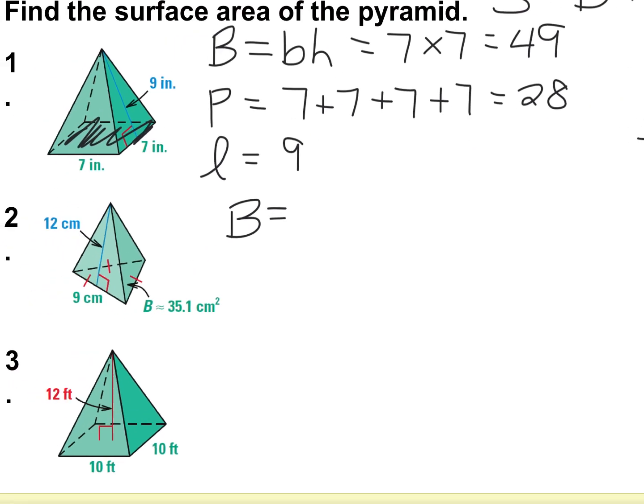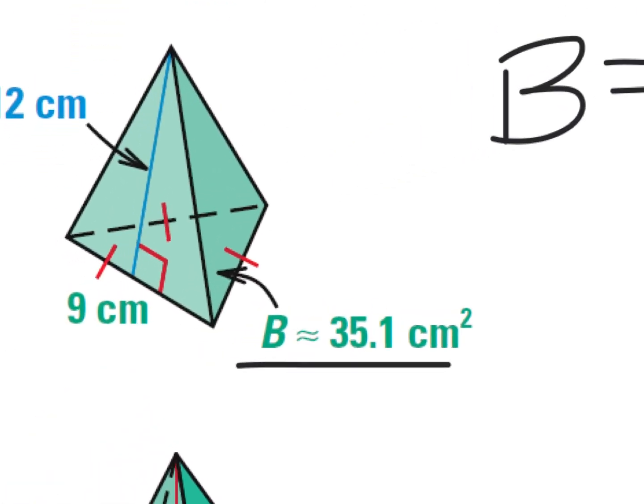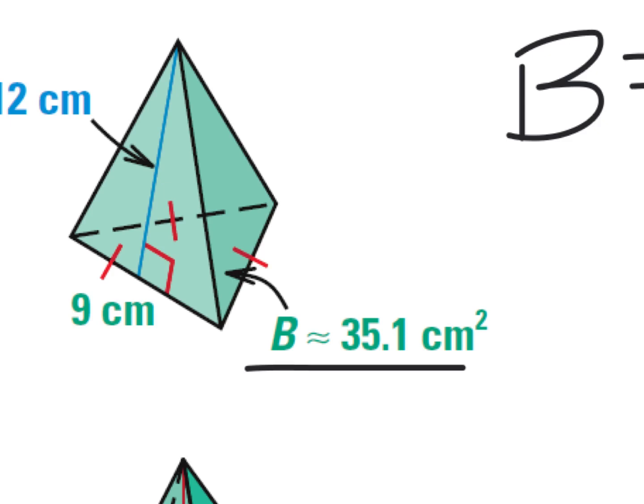Okay, what do you notice though? It already gave it to us, but I do want to talk about how you would find this on your homework. Okay, so if I'm taking that base shape as a triangle, in your homework it's going to give you a dotted line in the middle on the bottom, and it's going to tell you what the height of that is. Okay, so let's say the height of this is 7.